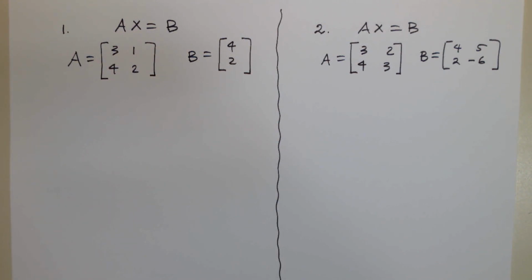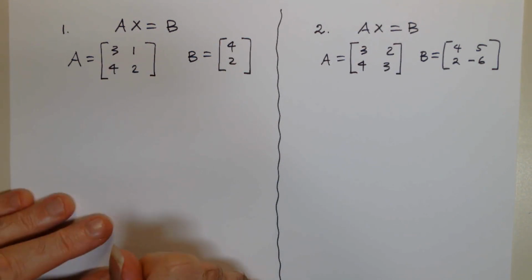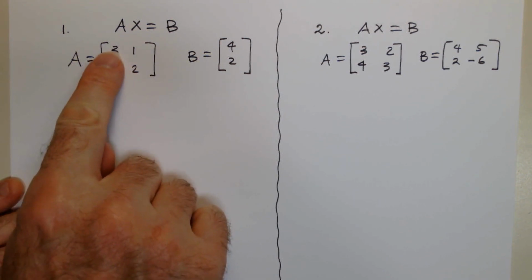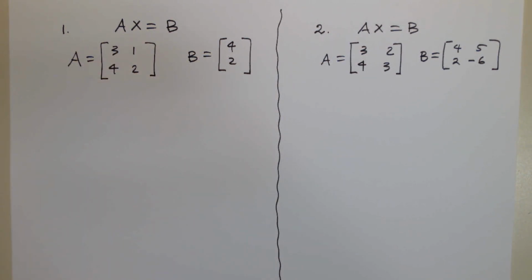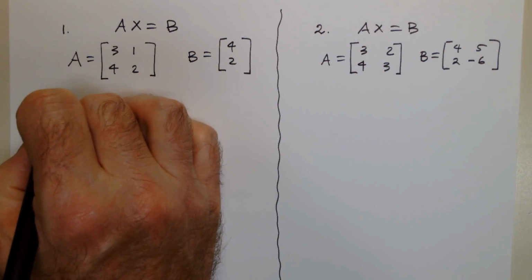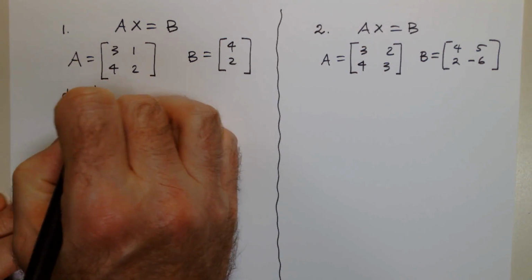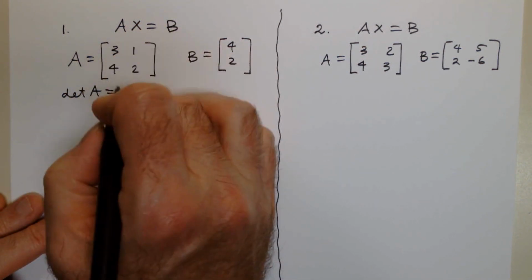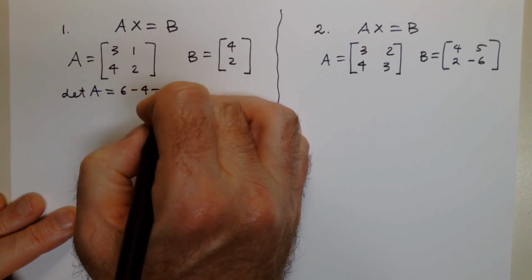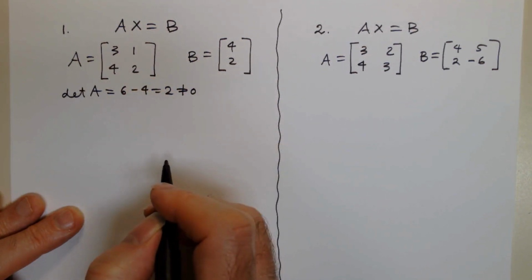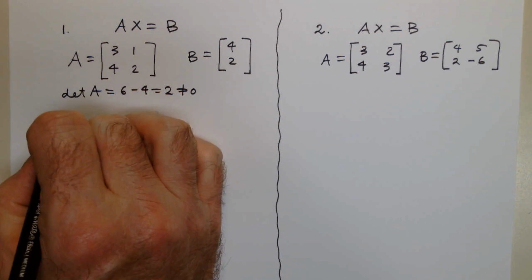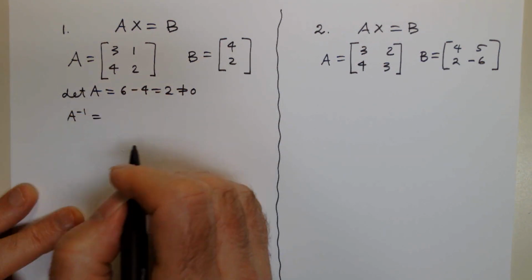Now, what we know is that we can solve both of these equations very simply if A is invertible. So let's work problem 1 and check the invertibility condition. The AD minus BC condition, the determinant condition, is going to be, in this case, 6 minus 4, which is equal to 2, which is not equal to 0. So we know that A is invertible, and in fact, we know that A inverse has a particularly simple form.